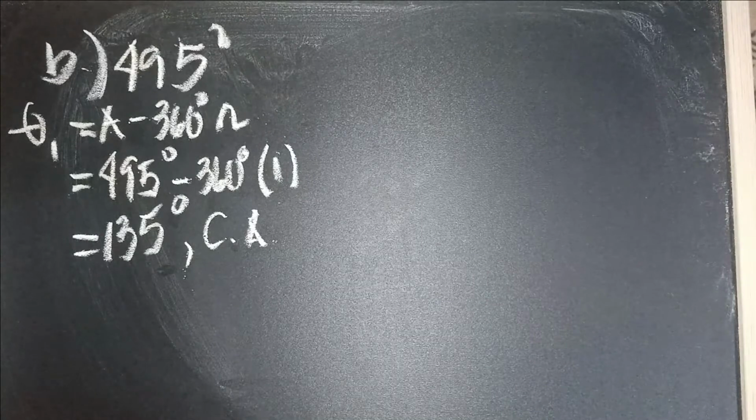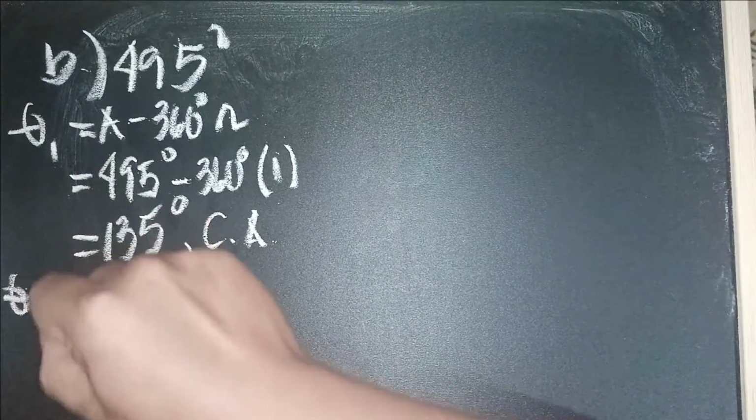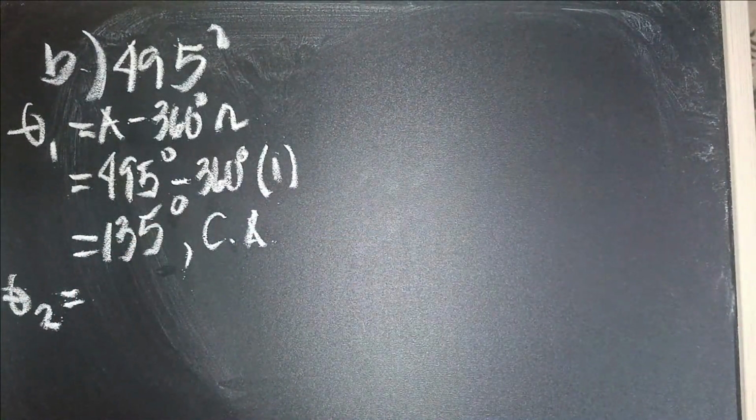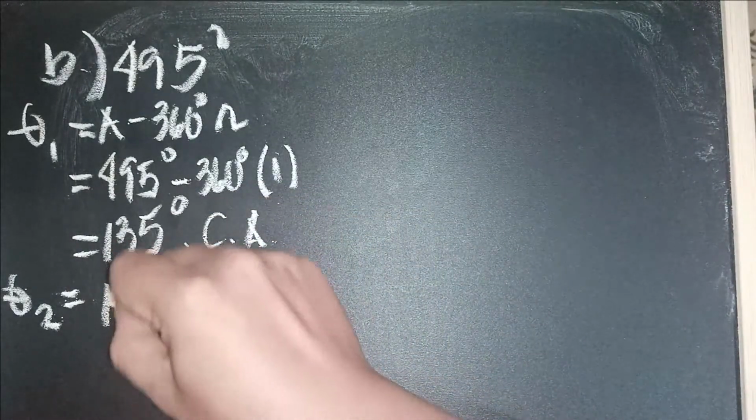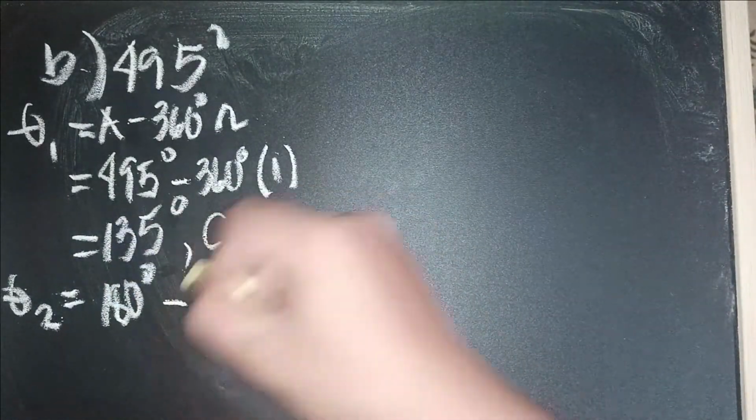Now let's determine in which quadrant the terminal side of the 135 degree angle is located. Since the terminal side of the 135 degree angle lies in quadrant 2, we are going to use the formula theta sub 2, our reference angle, equals 180 degrees minus 135 degrees.